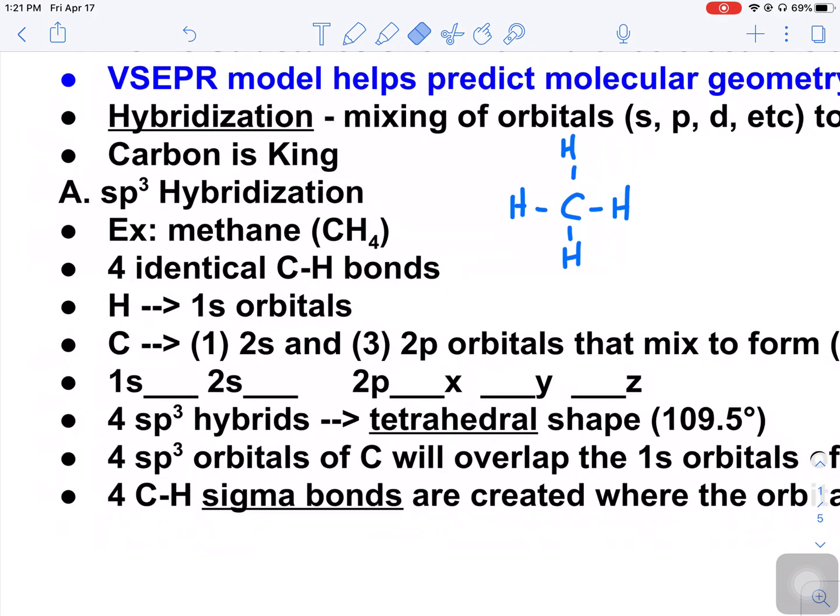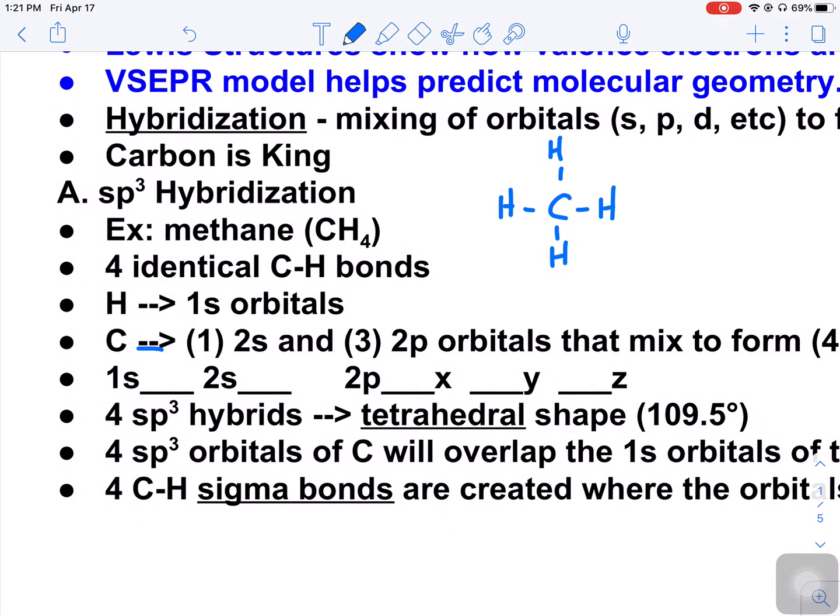But if we look at carbon, carbon has two core electrons and 4 valence electrons. And those valence electrons live in these outermost s and p orbitals. So what's going to happen is that these orbitals, these s and these p's, are going to hybridize.